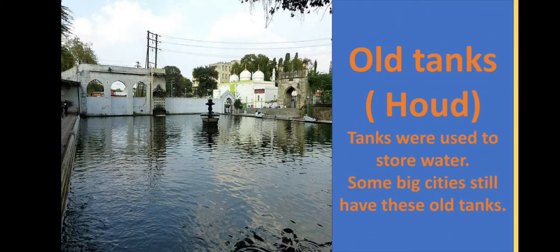Old tanks, that is called a house. Earlier, tanks were used to store water. Some large cities still have these old tanks. Some of them are still in use. Students, we are staying in Mumbai, and do you know where you will see such old tanks? It is in Banganga.